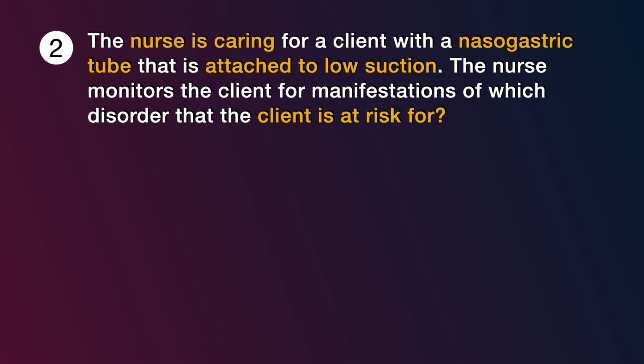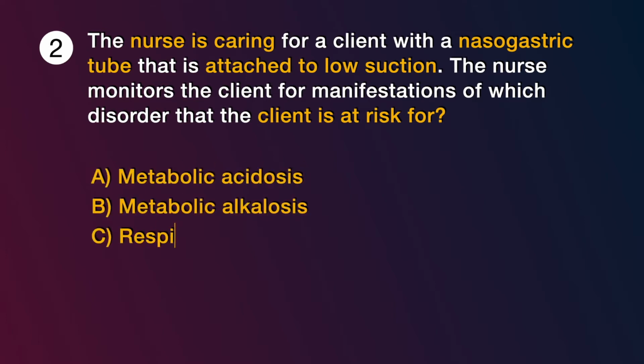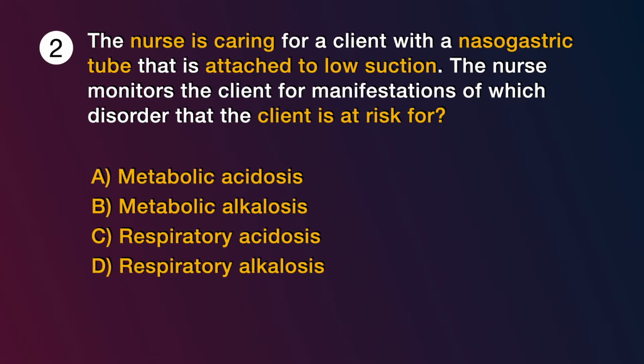Question number 2. The nurse is caring for a client with a nasogastric tube that is attached to low suction. The nurse monitors the client for manifestations of which disorder that the client is at risk for? Options are metabolic acidosis, metabolic alkalosis, respiratory acidosis, respiratory alkalosis.